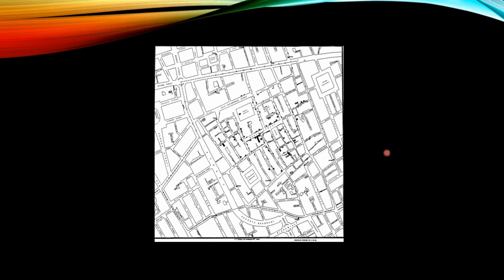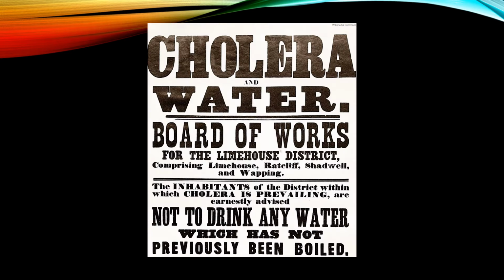So every time there was a cholera case, he would put a mark on the map to show where the cases are occurring. So what he found out was that a lot of the cholera cases were located near a water supply, a water pump.